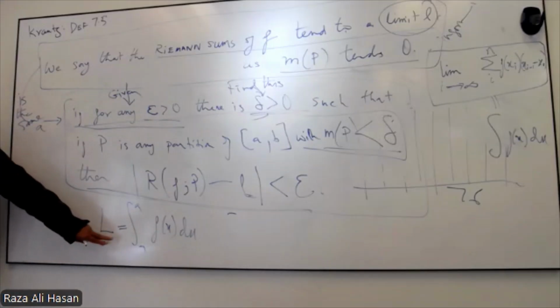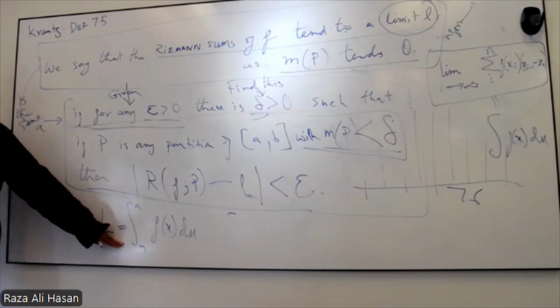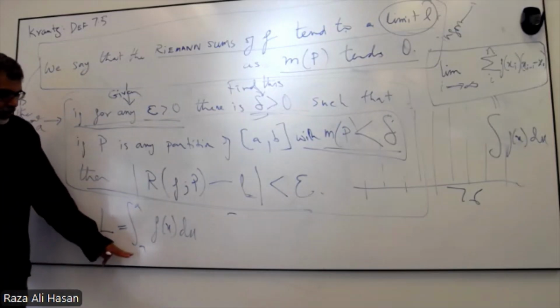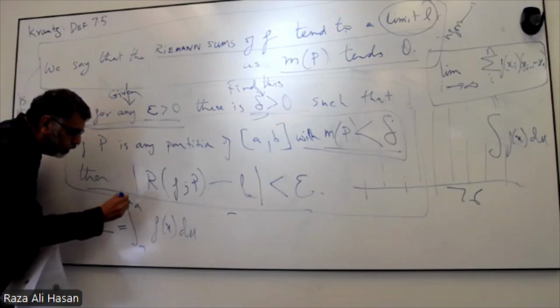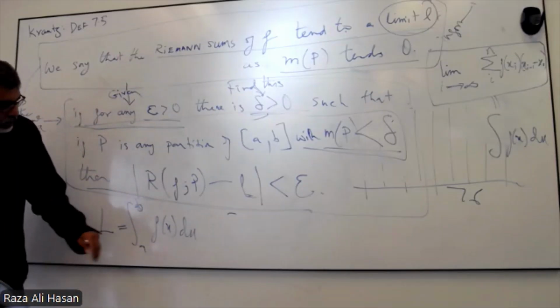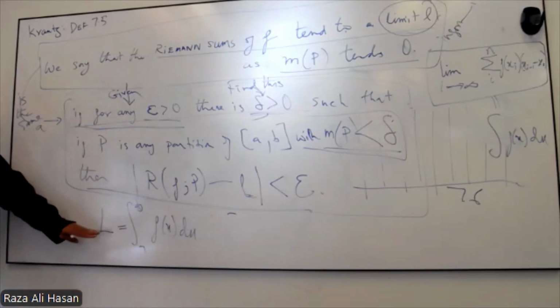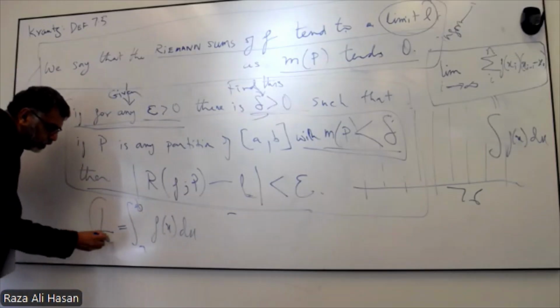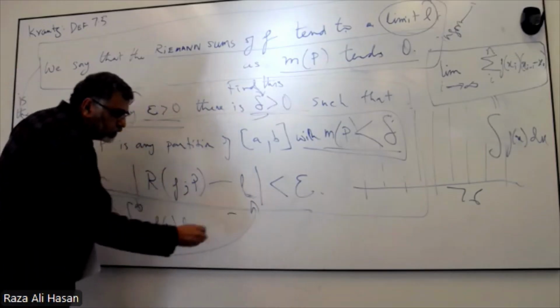So when you see this formula, what is this? Definite integral, or integral, I can't say that. From a to b of f(x) times dx. If you write it like this, this thing is this guy.